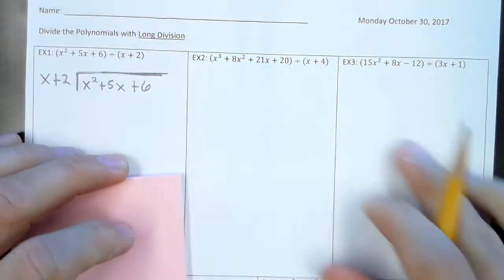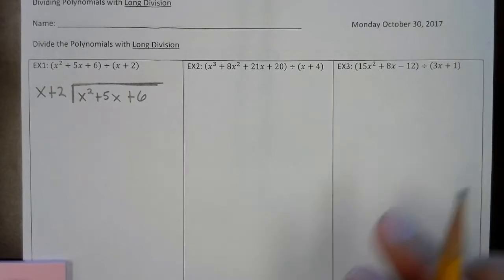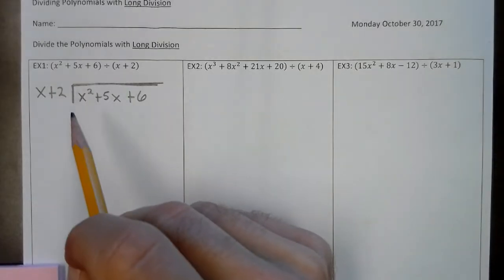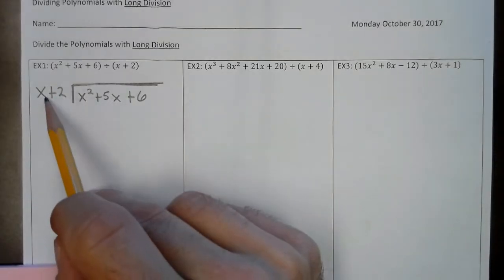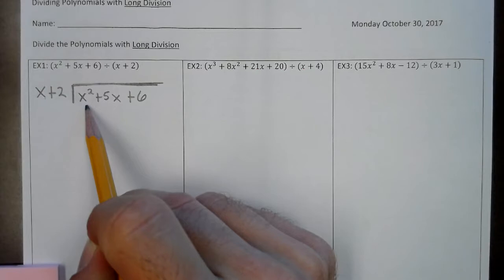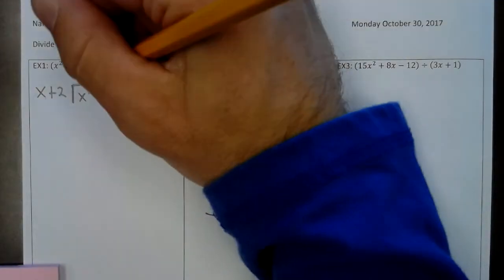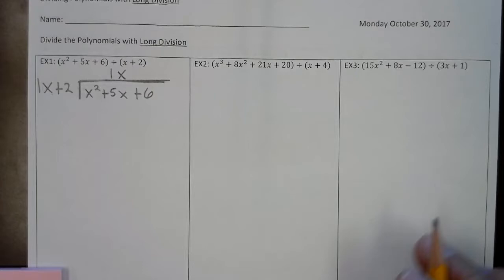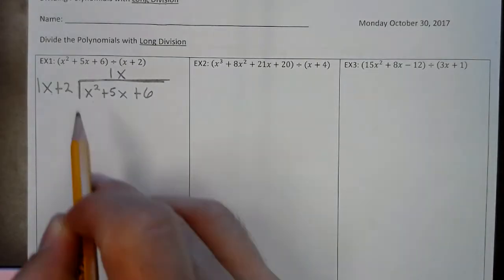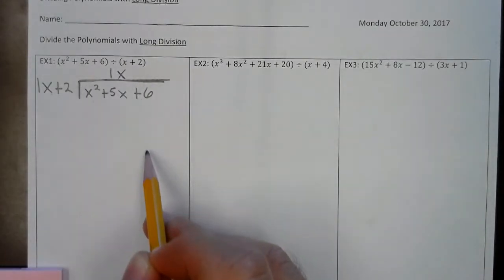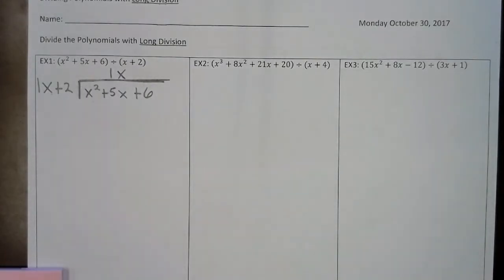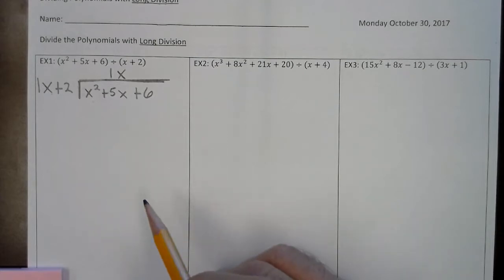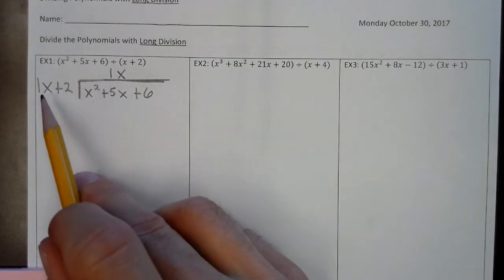So step 1, we look at how many times x goes into x squared. Well, x times. So that's 1x. One of the things you want to do when you're doing this is keep all the x's in one row, all the x squareds in one row, all the constants in one row. You want to keep these very organized. Now we ask ourselves, what is 1x times x plus 2?